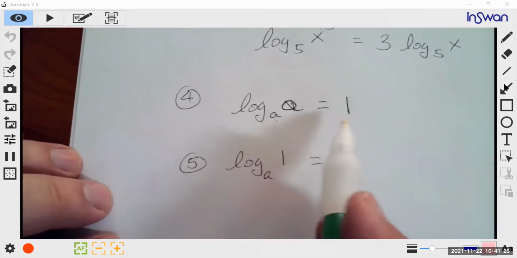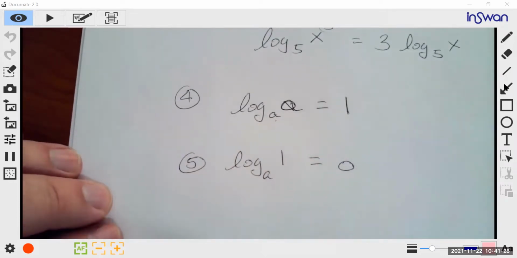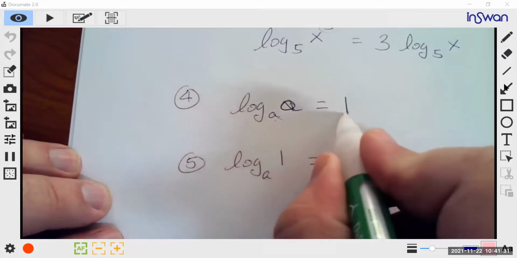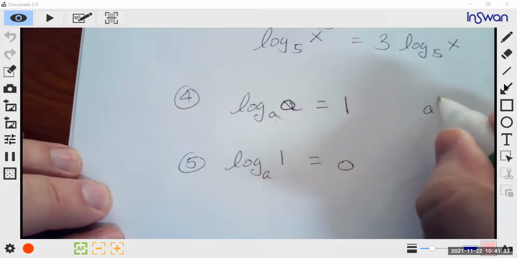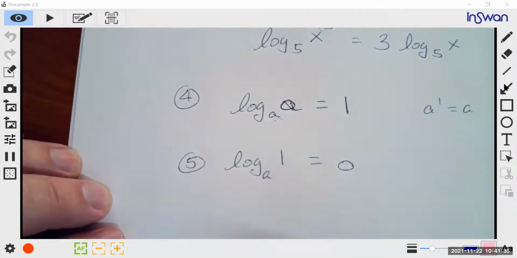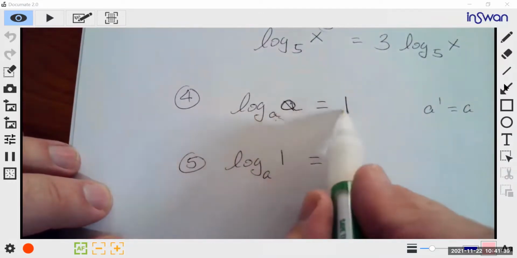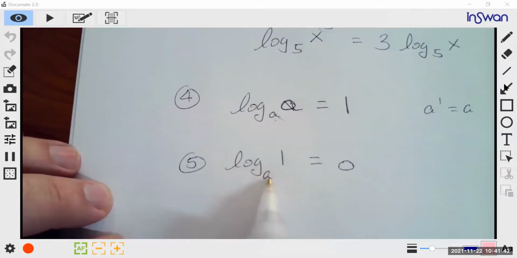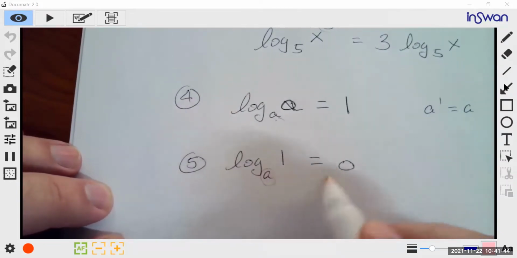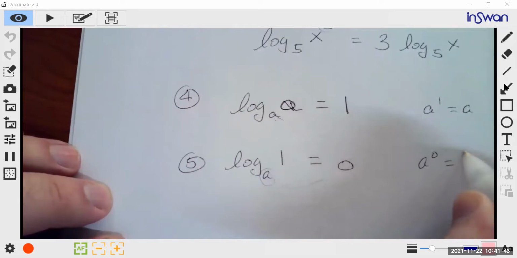Again, we could look at these using the transformation. Remember, take the base. So it has a to the power 1 equals a. So if you have the same base as the number, it equals 1. And the same thing here. A pushes up to 0. Anything to the 0 power is 1.